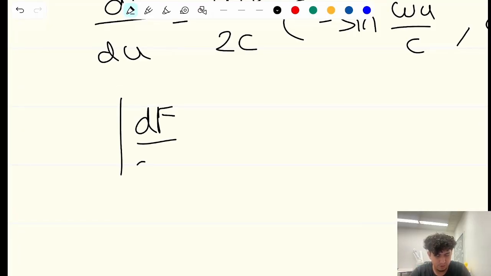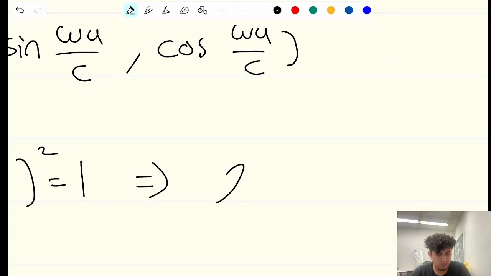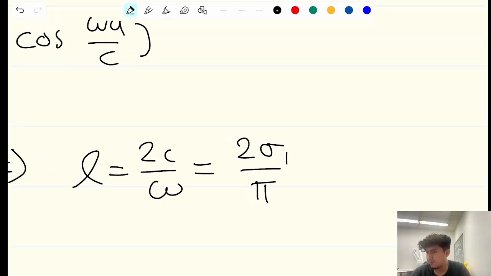So this was the condition. Basically this is going to tell you that if you do the dot product, this is going to be 1, the factor that's going to appear. So you're going to have this square equals 1, which means L equals 2c over omega, or the length, which is the same as writing 2 sigma 1 over pi.